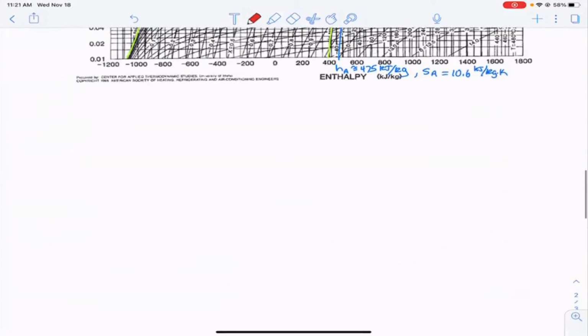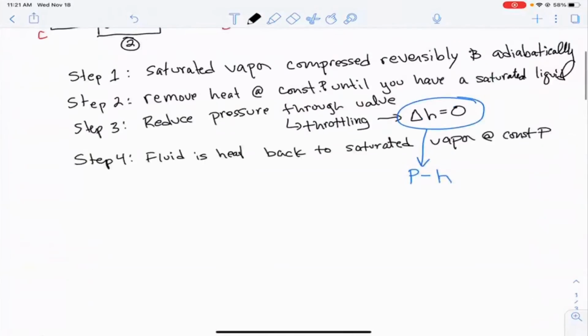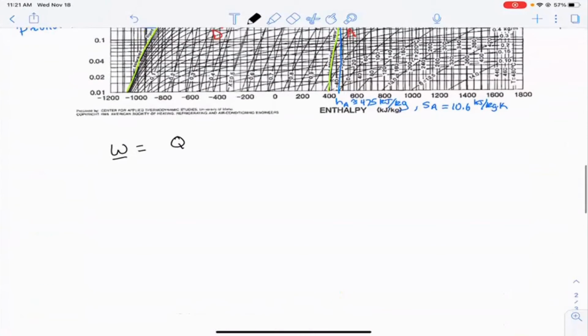We already defined the coefficient of performance as being equal to the heat absorbed at a lower temperature, so that's going to be Q for our step D to A, which is in the evaporator, so Q evaporator divided by the net amount of work that's performed.